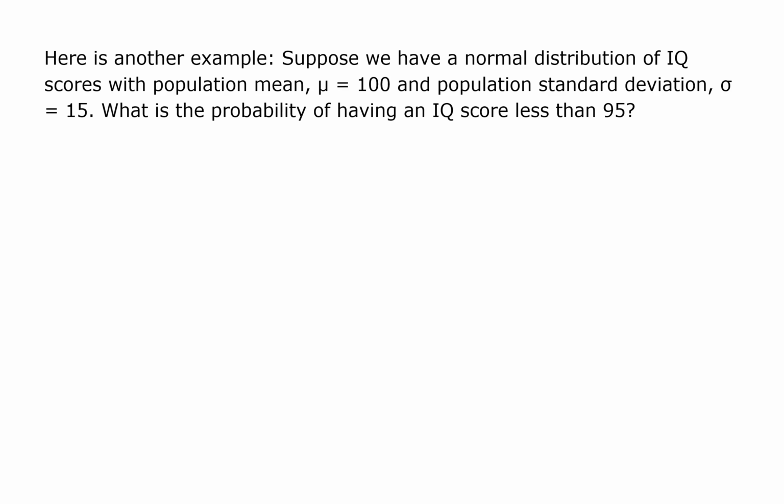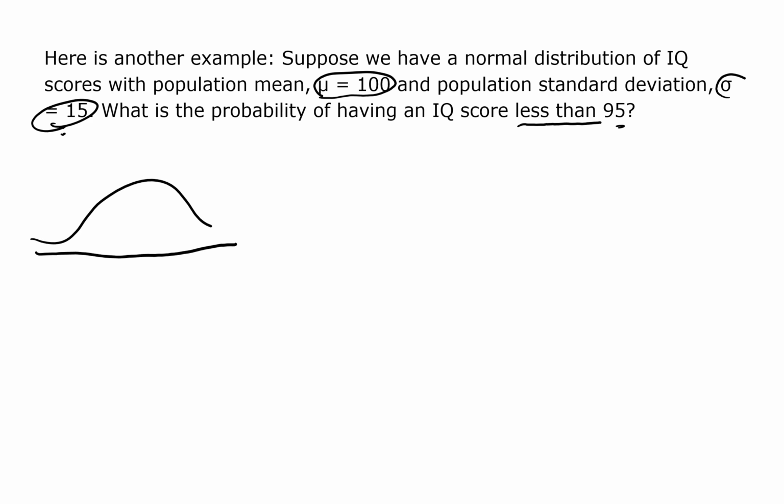So let's look at another example. Again, suppose we have a normal distribution of IQ scores with population mean mu equal to 100 and population standard deviation sigma equal to 15. What is the probability of having an IQ score less than 95? So again, sketch this out. I always recommend sketching this out.